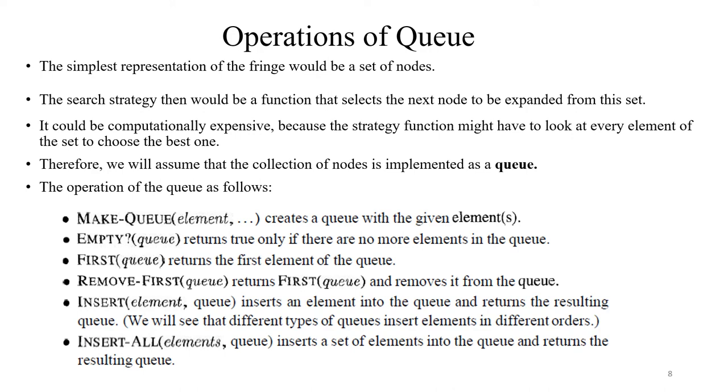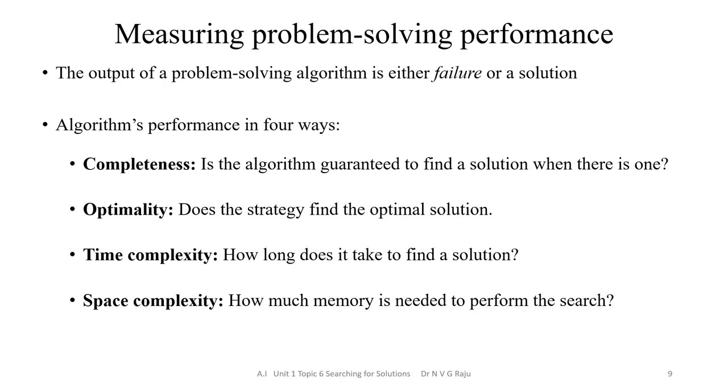The output of a problem solving algorithm is either a failure or a solution. The performance of the algorithm can be measured in four ways. They are completeness, optimality, time complexity, and space complexity.